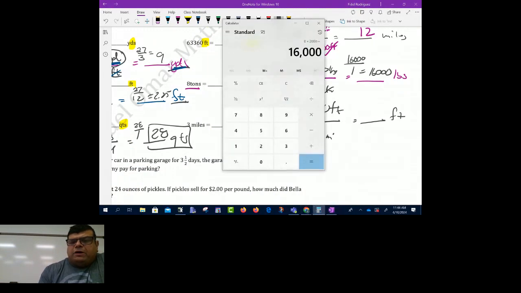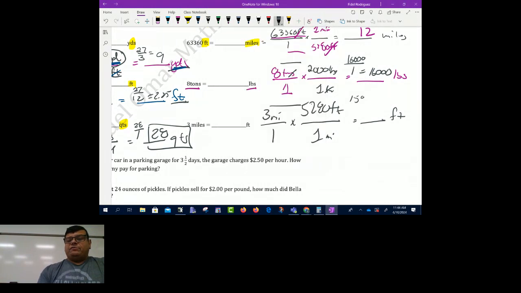Again, I'm going to multiply straight across. 3 times 5,280, 15,840 over 1. Y'all, my miles cancel, but when we divide it by 1, we get the same thing. 15,840. Okay. That's how we do unit analysis, y'all. That's how we do conversions, okay?